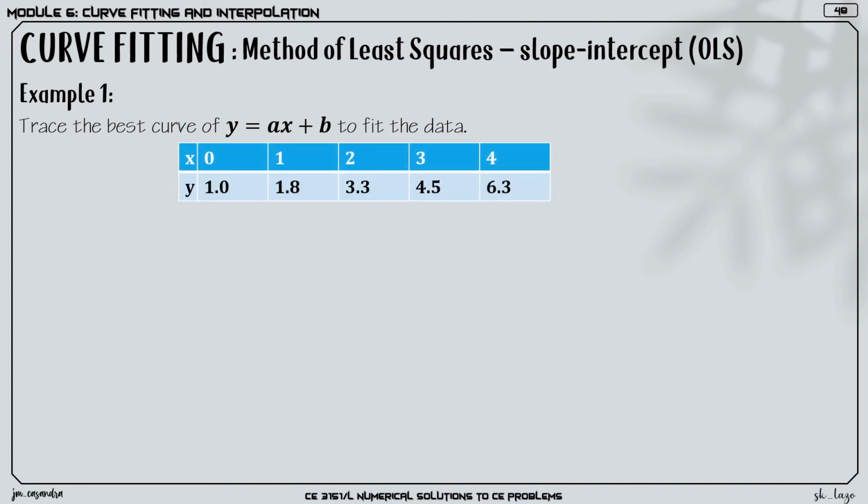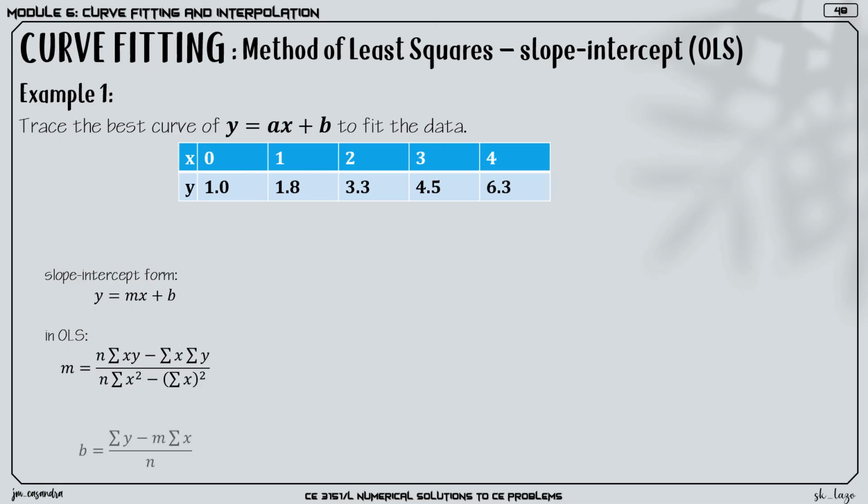So for the given data, again, the slope-intercept form is given by the general equation y equal to mx plus b, wherein m for the slope-intercept using method of least squares is equal to n times the sum of xy minus sum of x times sum of y over n times the sum of x squared minus the square of the sum of x.